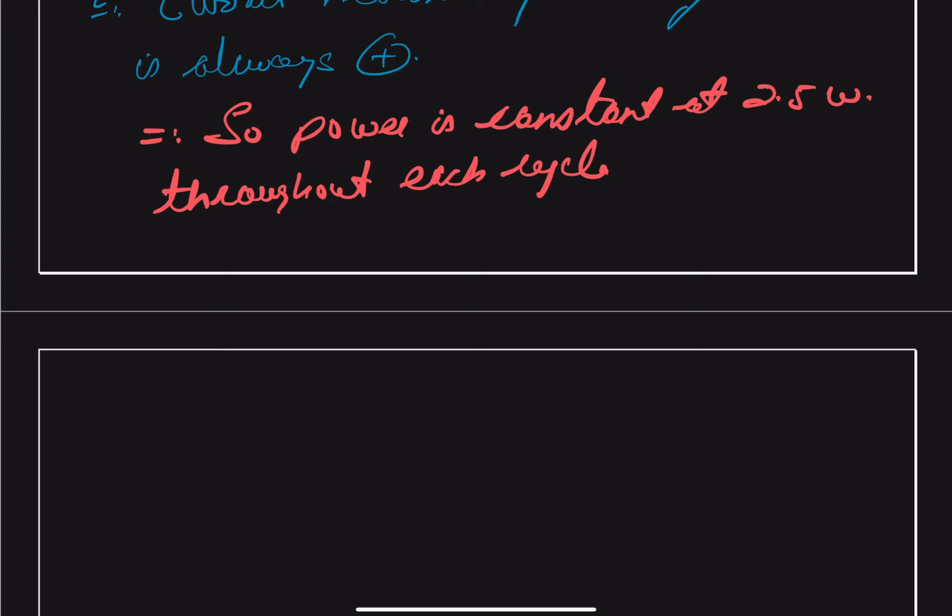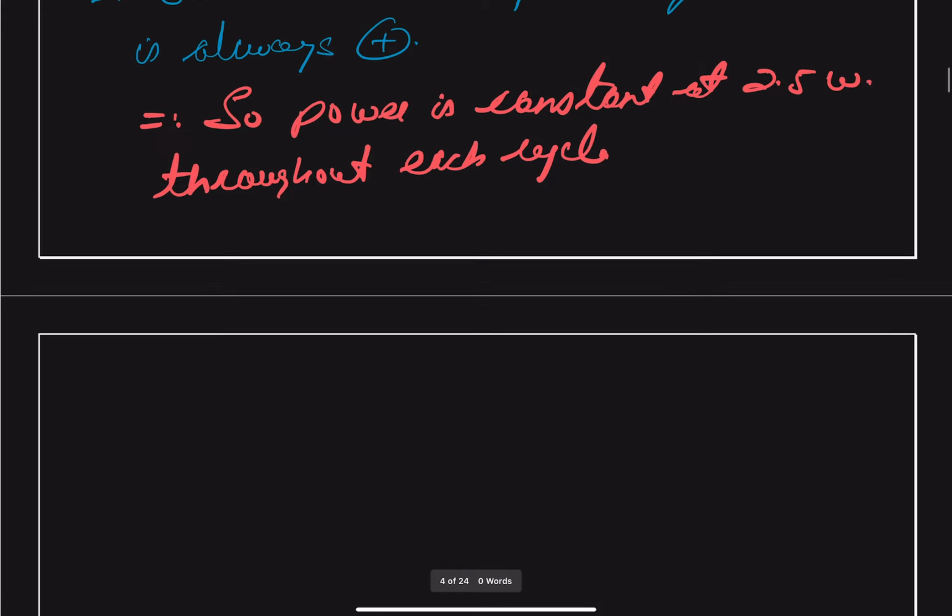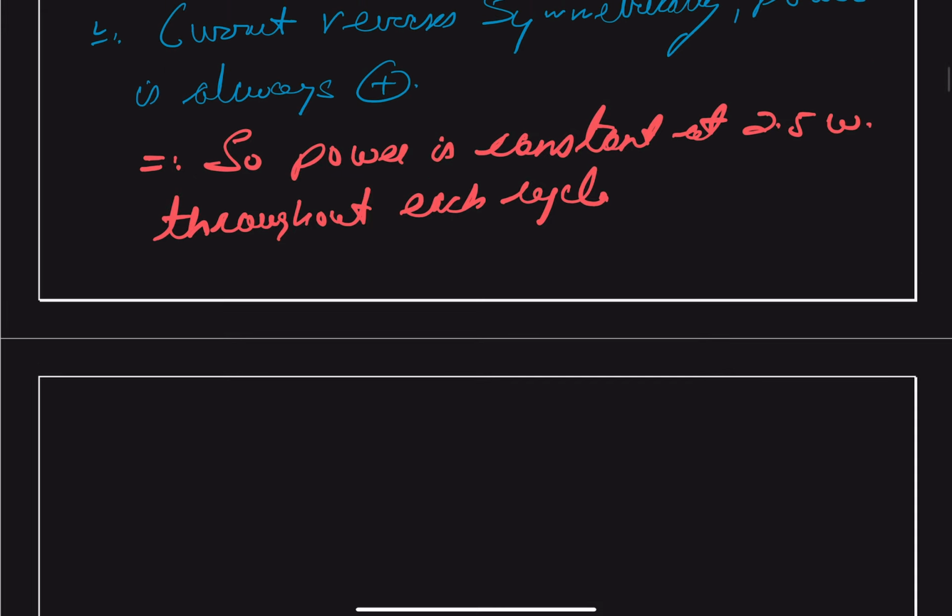And this pattern repeats, and the cycle, please remember, is from 0 to 0.2, then 0.2 to 0.4. So the entire cycle is for 0 to 0.4.